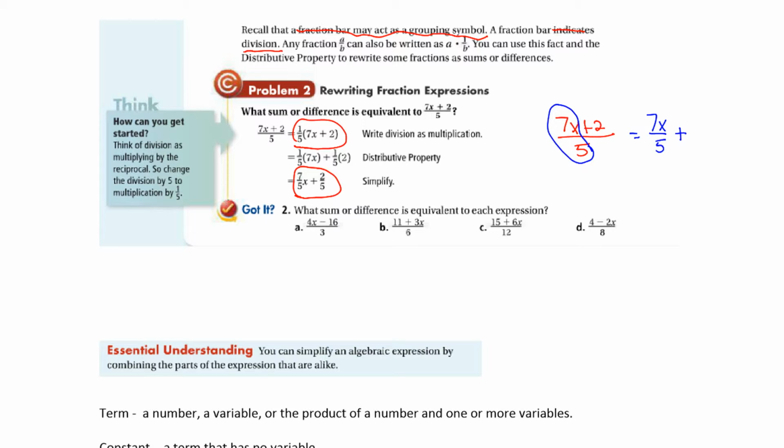And then we would have the second term, 2 divided by 5. So you can think of it in either terms you would like. And if you can simplify either of the two fractions after you separate them, then you would need to. So why don't you try guided problems 2A, B, C, and D.